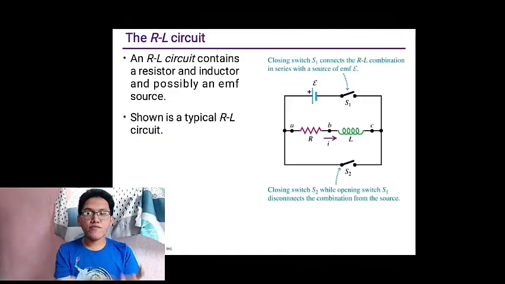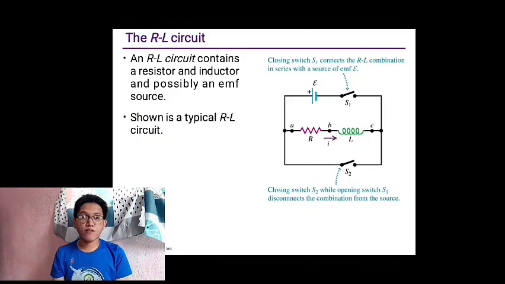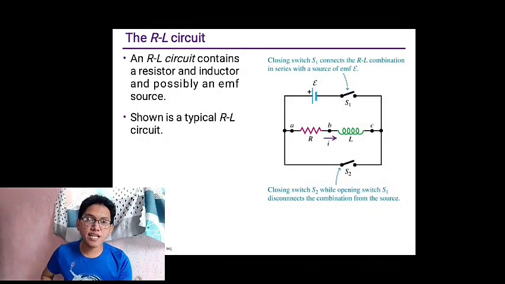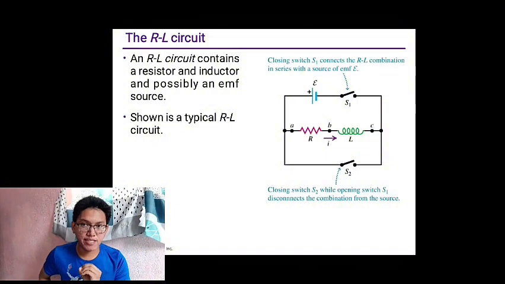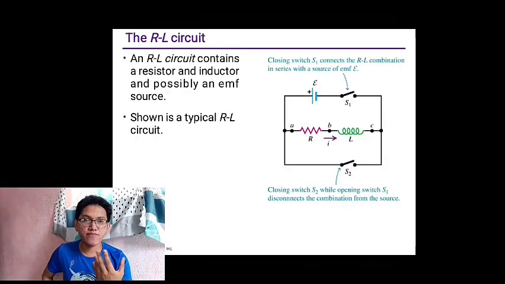Now we have here the RL circuit. It was stated there in our objectives about this. An RL circuit contains a resistor and an inductor connected in series. How can we differentiate series from parallel?